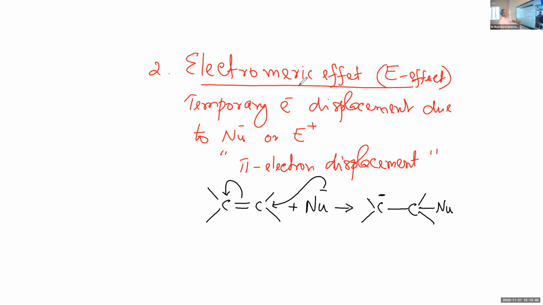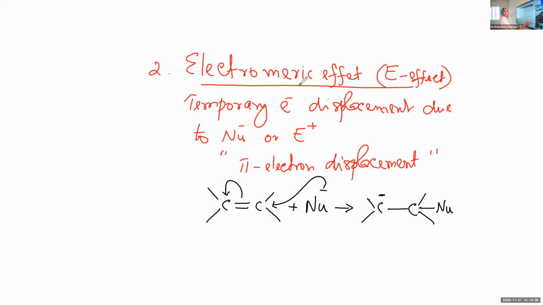So the pi electron pair will be displaced, and it remains on the neighboring carbon atom, which gets a negative charge.